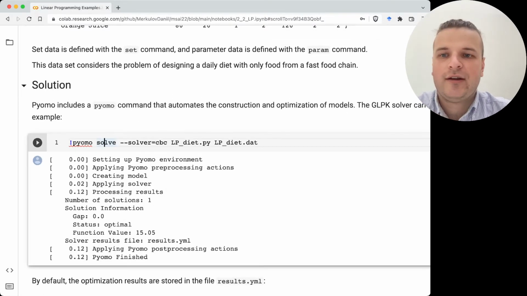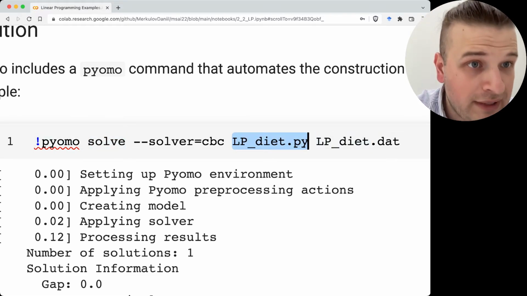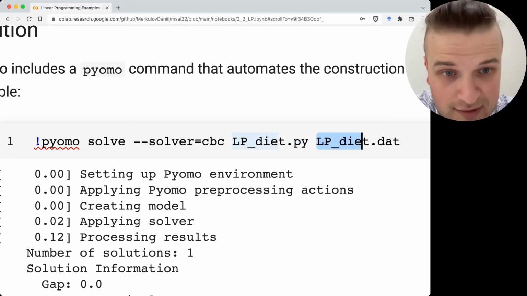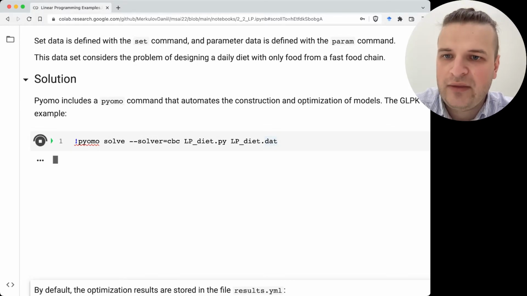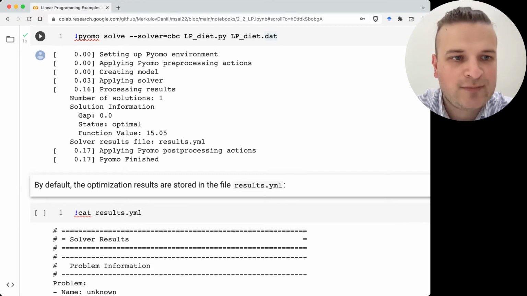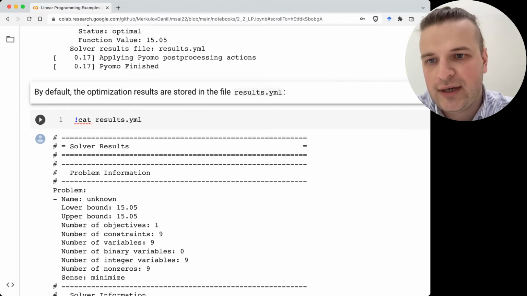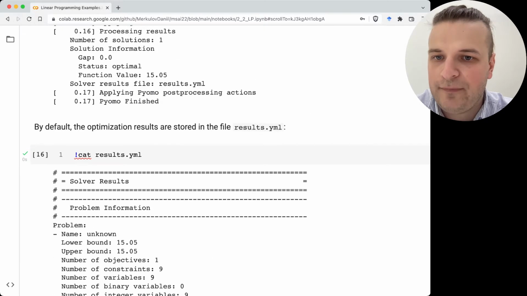And now we just run the solver, defining explicitly the programming part and the data part. Here are two files, and we run it. And that's it. Less than a second to solve this problem from scratch. And the results were written in the file results YAML.